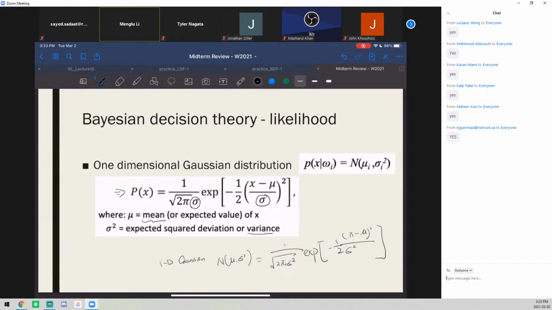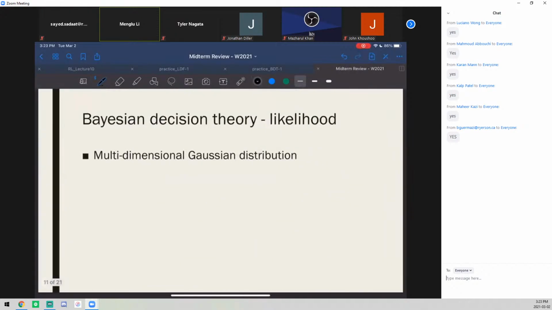And if the likelihood is a multivariate Gaussian distribution, we can write down the formula like this one.